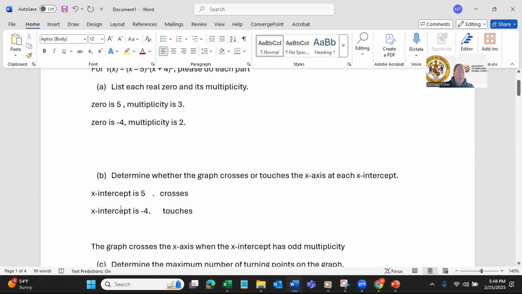And notice that the zero of negative 4 has a multiplicity of 2, which means it has even multiplicity. And when it has even multiplicity, it touches.